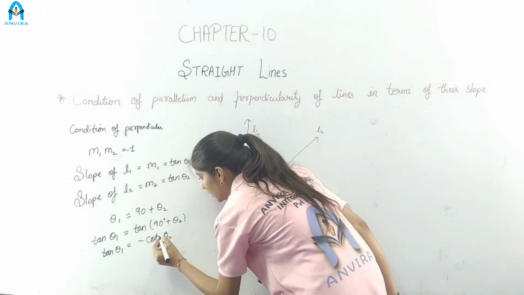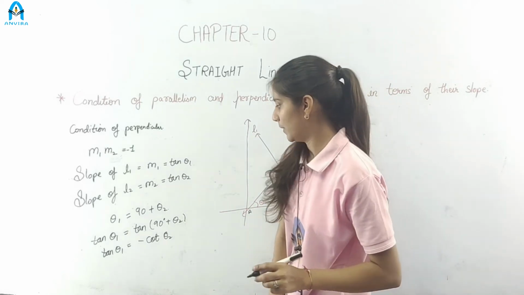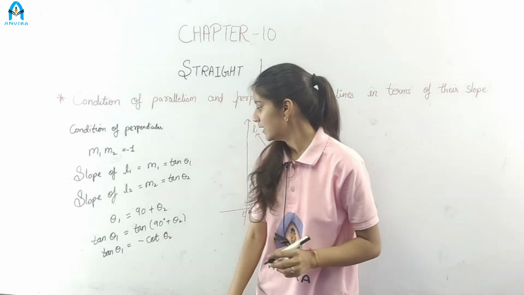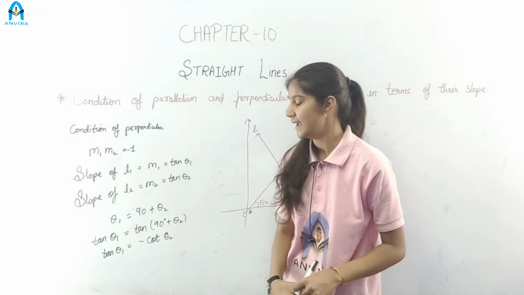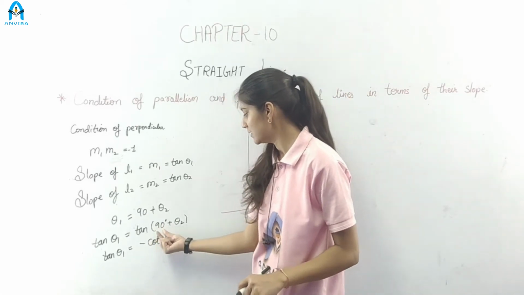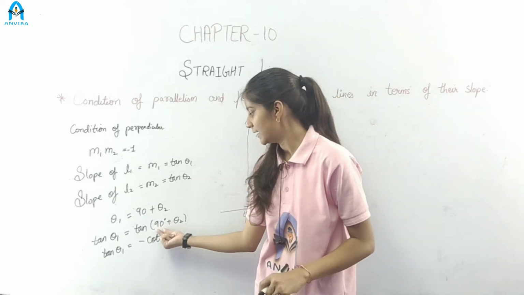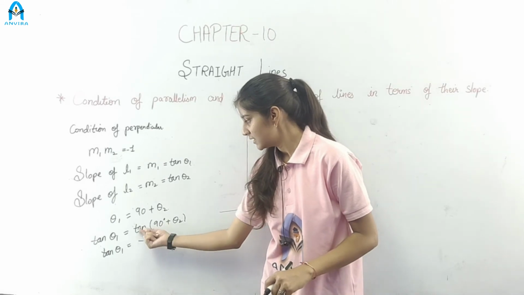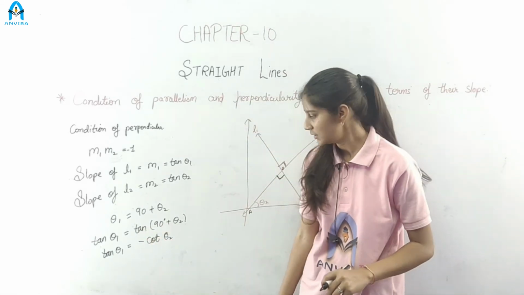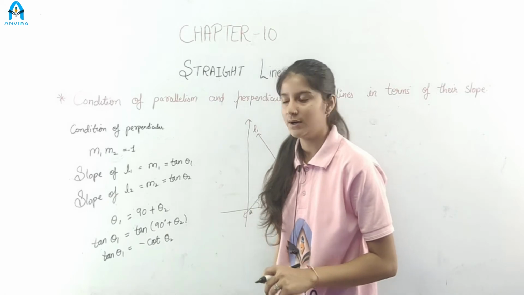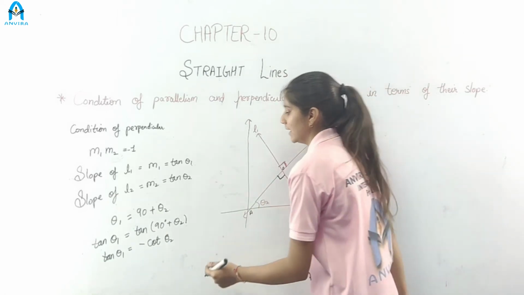Let us recall chapter number 3, trigonometry. In that, when the angle is with respect to the changing line, tan changes to cot θ, and in the second quadrant tan is negative.